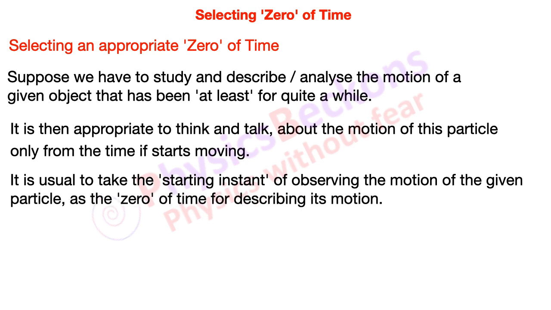It is usual and convenient to take the starting instant of observing the motion of the given particle as zero of time for describing the motion. That is, zero of time refers to the time when we start observing or studying the motion of the given particle.